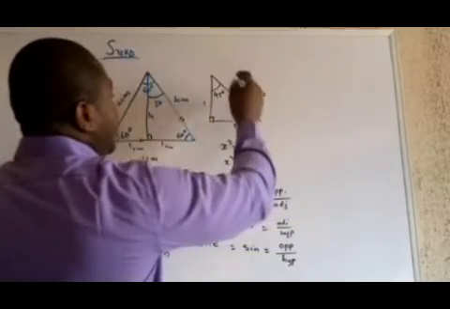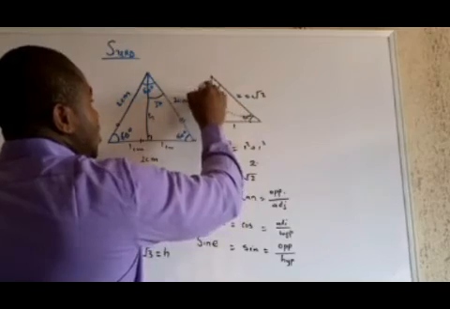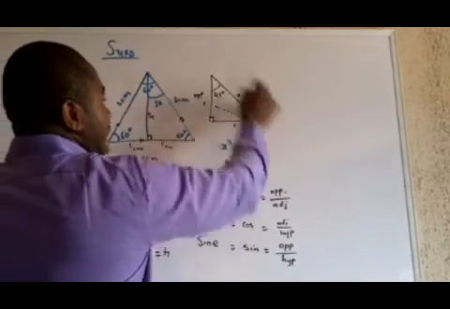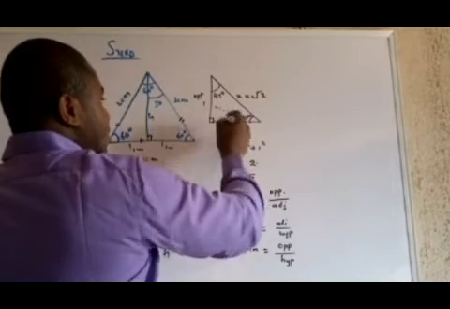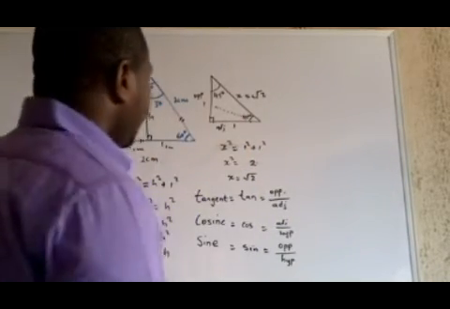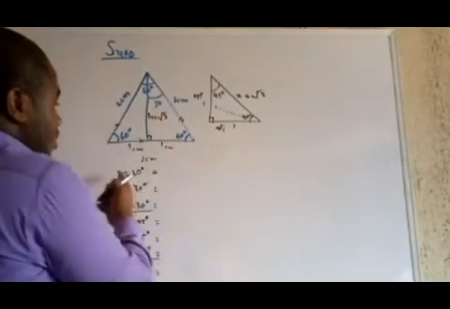So if we have this angle, this is opposite, the hypotenuse is always the longest side, then this is the adjacent. So we use it to get sine 30.